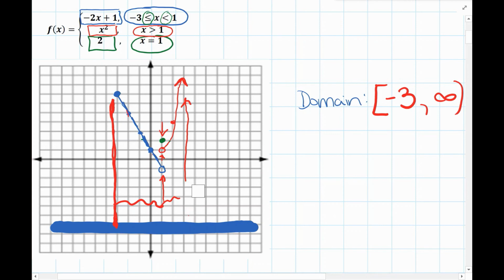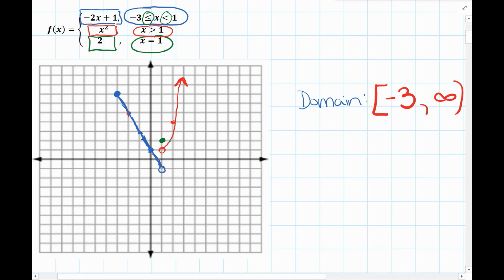So this graph, let me erase all of my little doodles here so you can just see the piecewise function. Okay, here's your graph. I'm even going to erase this little line that I have down here.